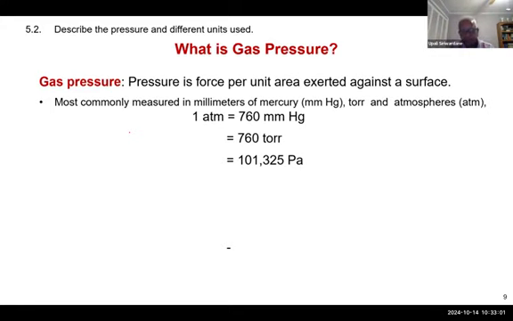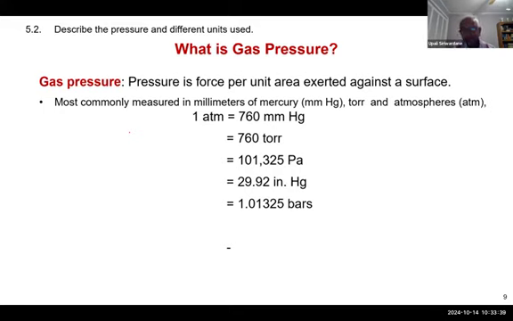That's about 100,000 Pascal, 1 atmosphere. Rounded off, it's about 100,000. 1 atmospheric pressure, mercury column 760, is the same as 29.92 inches of mercury.